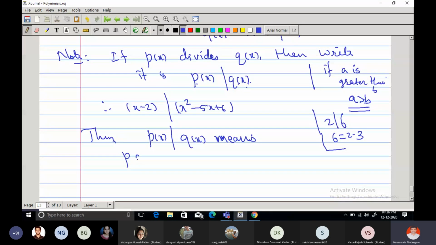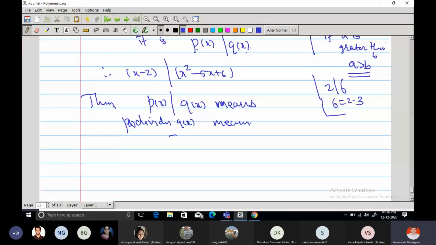There exists another polynomial hx in Rx such that qx is equal to hx times px. That means px is a factor of qx, therefore p divides q. There is another factor. So this is what the meaning is.